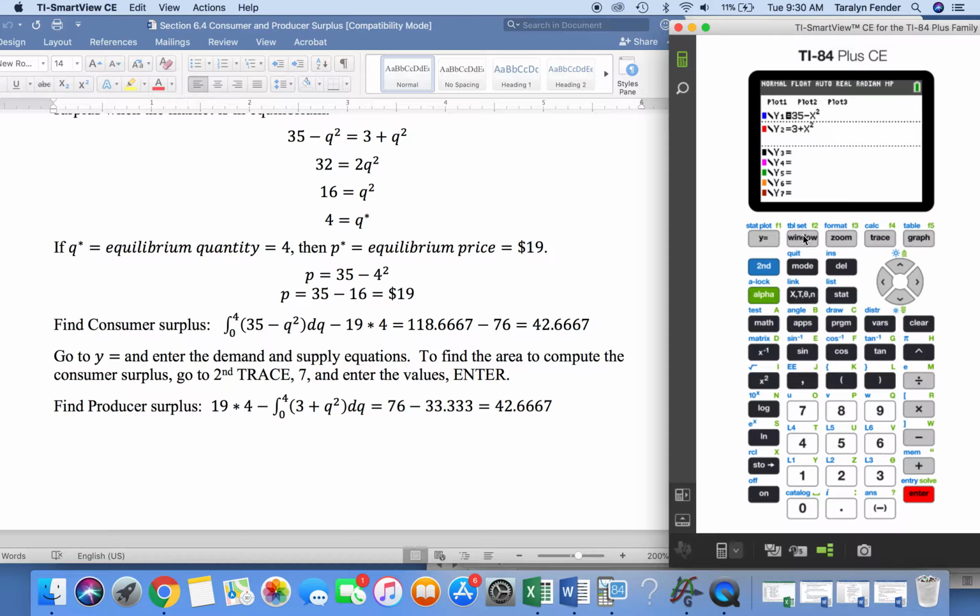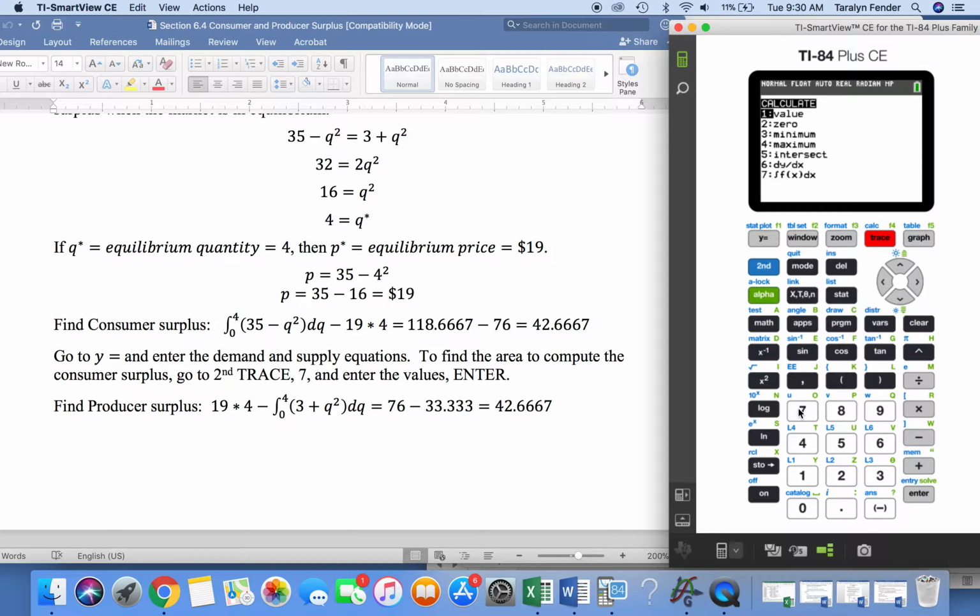Now I'm going to make sure my window is correct because this 35 is my y-intercept, so I'm going to go to window, leave my x's alone, and change my y max to 40. Now press graph, and you should see that graph appear. To plug in the integral, you press second trace.